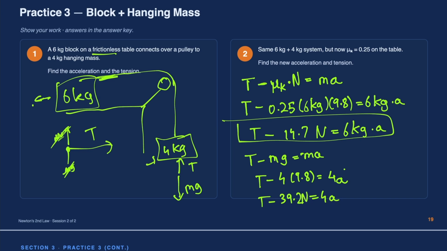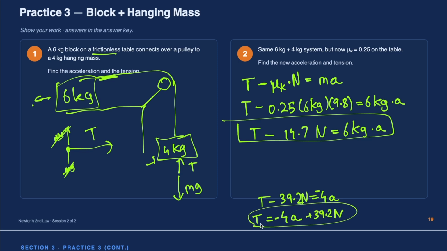And then if I erase all this fluff here, I can substitute in T is equal to negative 4A, which I forgot to include, plus 39.2 newtons into this equation, which is going to give me negative 4A plus 39.2 newtons minus 14.7 newtons is equal to 6 kg times A.